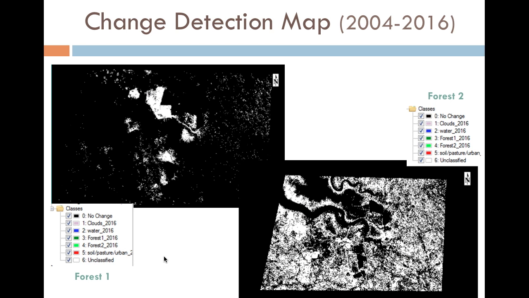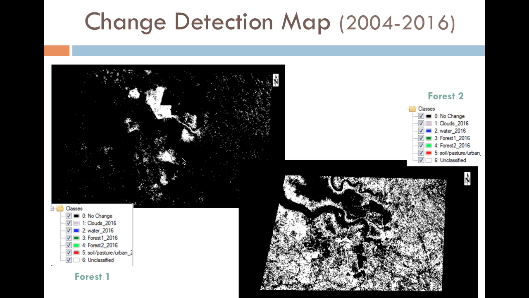And so this is my change detection map, 2004 and 2016. It shows a lot of no change, but the white area was shown to be unclassified. It's probably just bigger forest pastures that formed, or specific areas with the pastures.